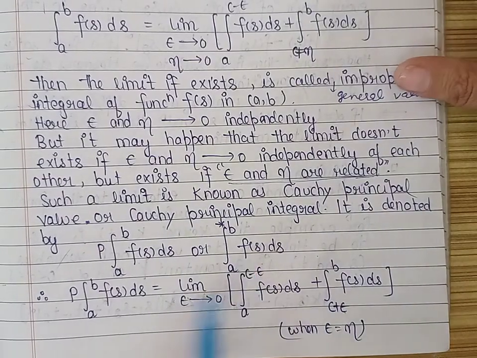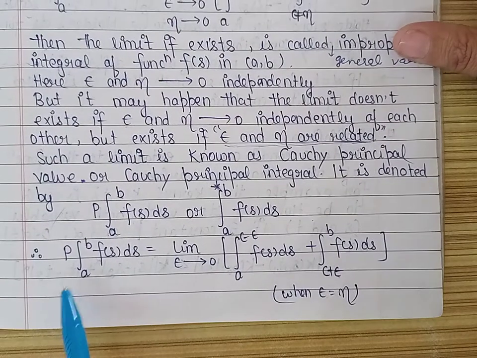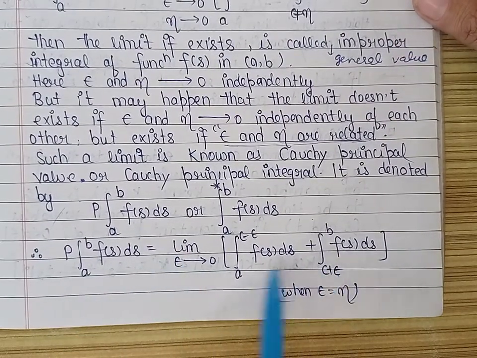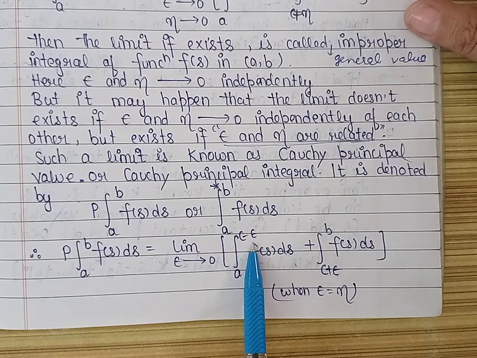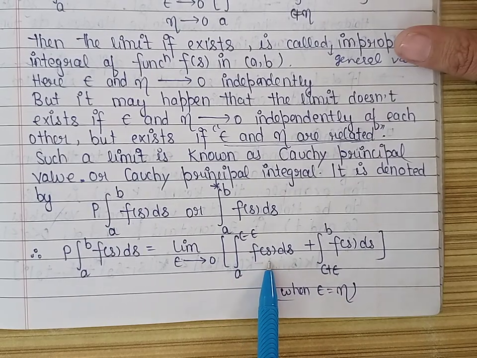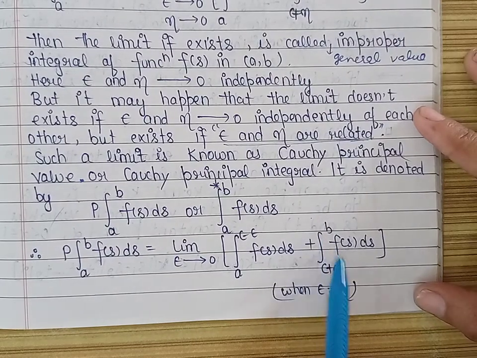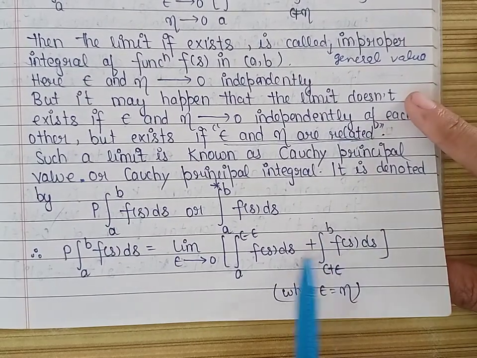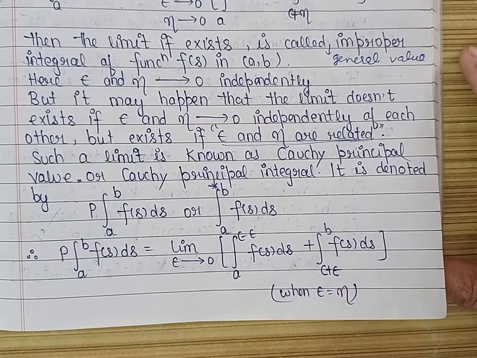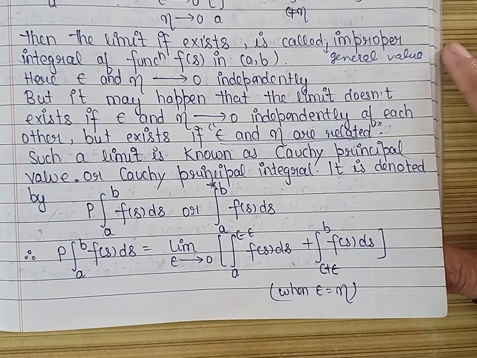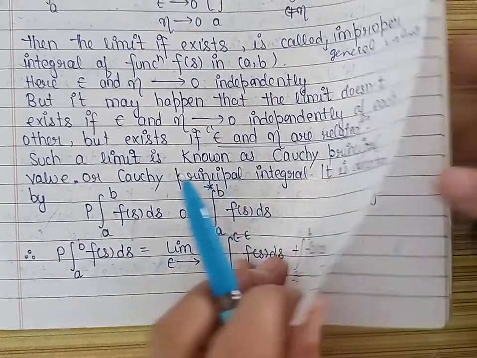This Cauchy principal value is defined as the limit epsilon approaches 0 of the integral a to c minus epsilon of f(s) ds plus the integral c plus epsilon to b of the function f. Here epsilon and eta we have taken as the same. So this value is called Cauchy principal value.